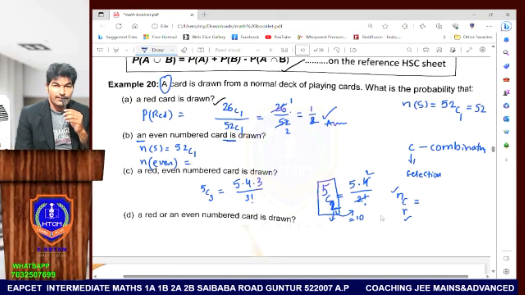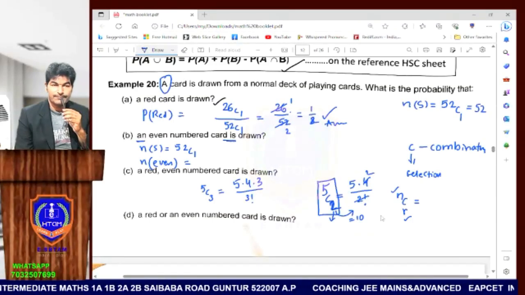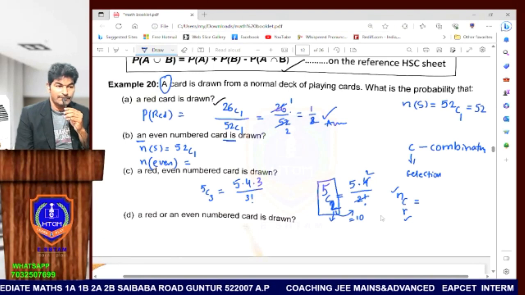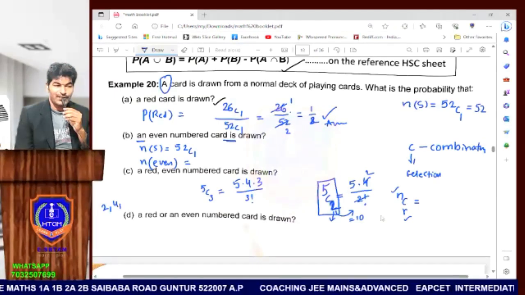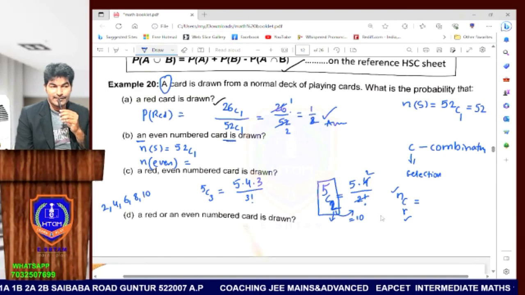Let us count. Card 2, card 4, card 6, card 8, card 10 also exist. How many cards? 5.